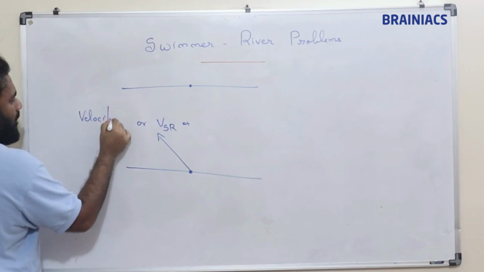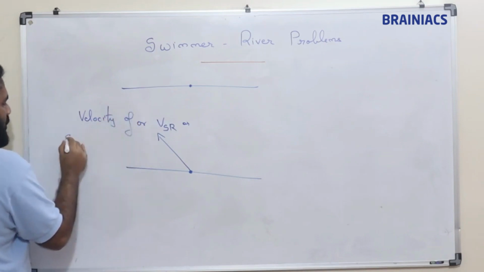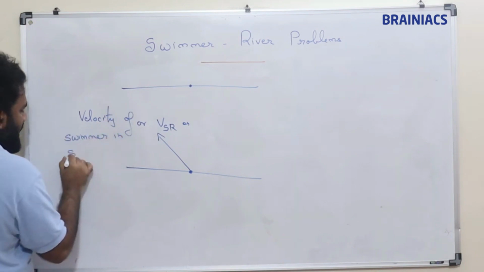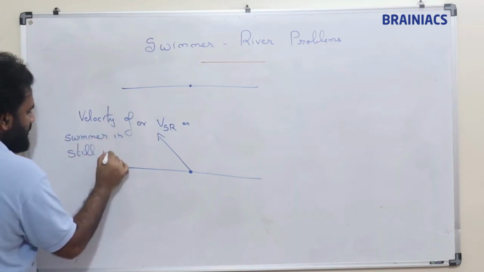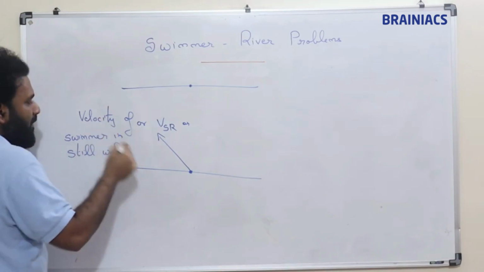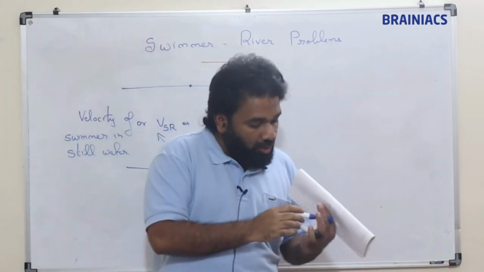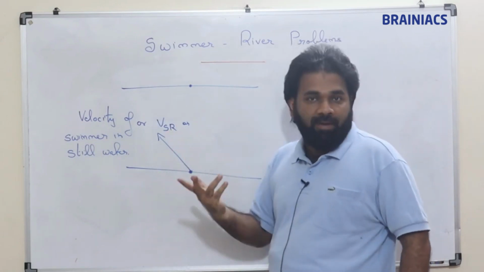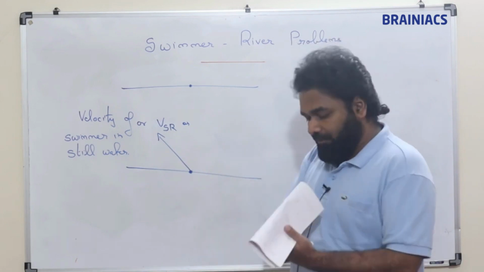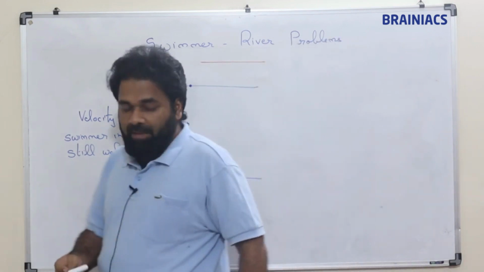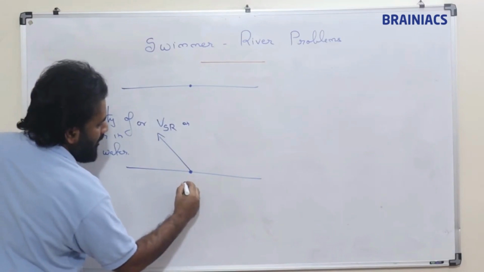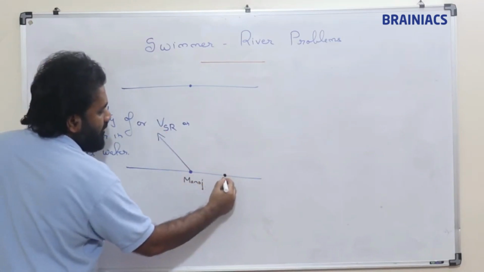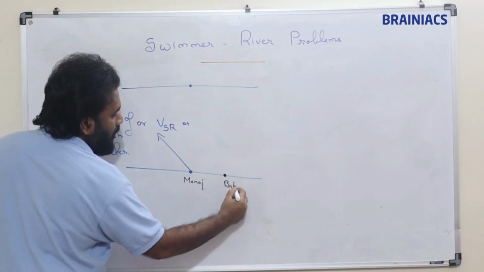Or otherwise we can say velocity of swimmer in still water. Why I am saying this? Velocity of swimmer with respect to river. Suppose this person's name is Manoj, another person is also jumping, his name is Babu.